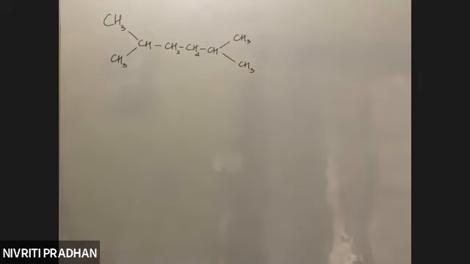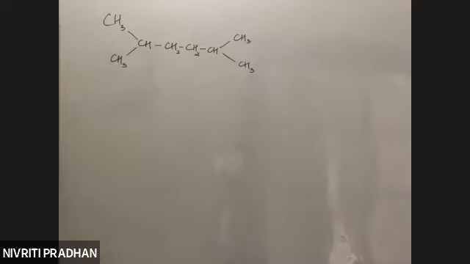Okay, so yes guys, what do you think is the IUPAC name of this particular compound? Give it a try. First, again, you have to select the longest continuous chain of carbon atoms.